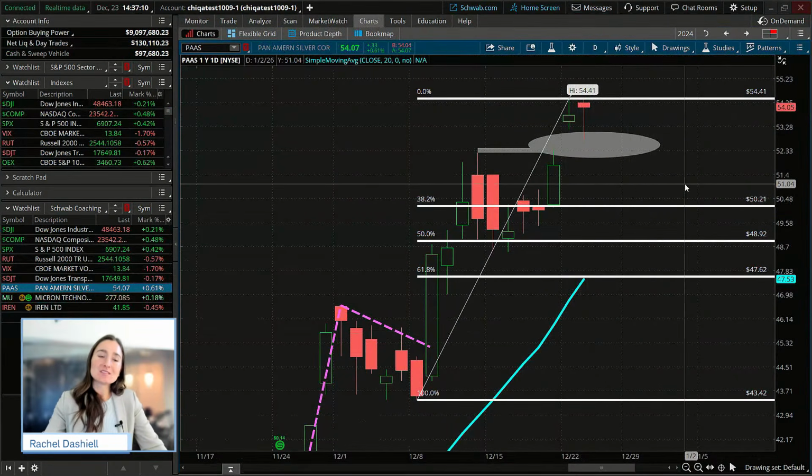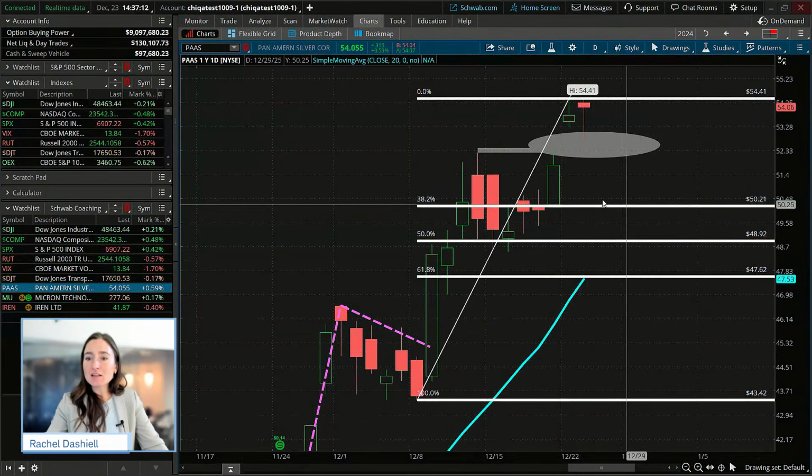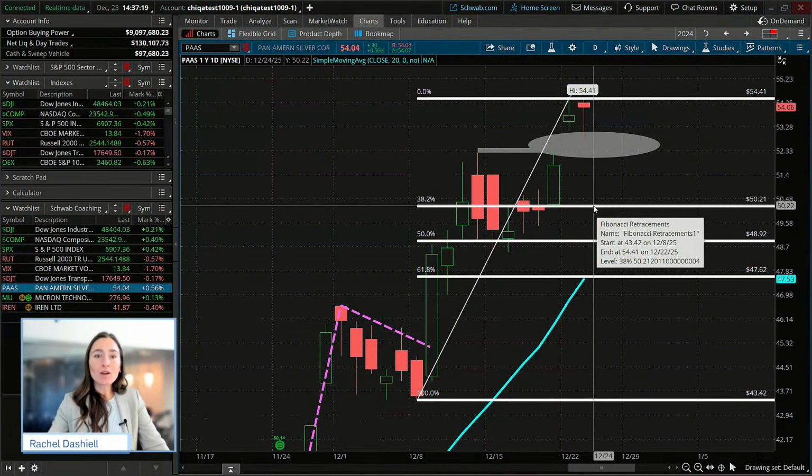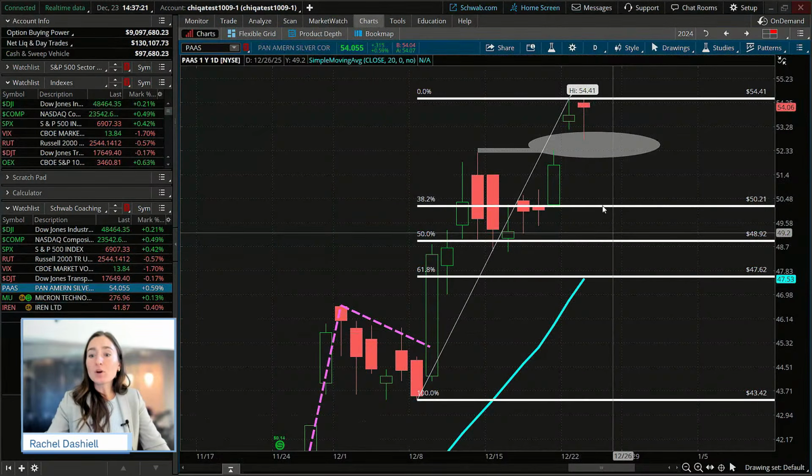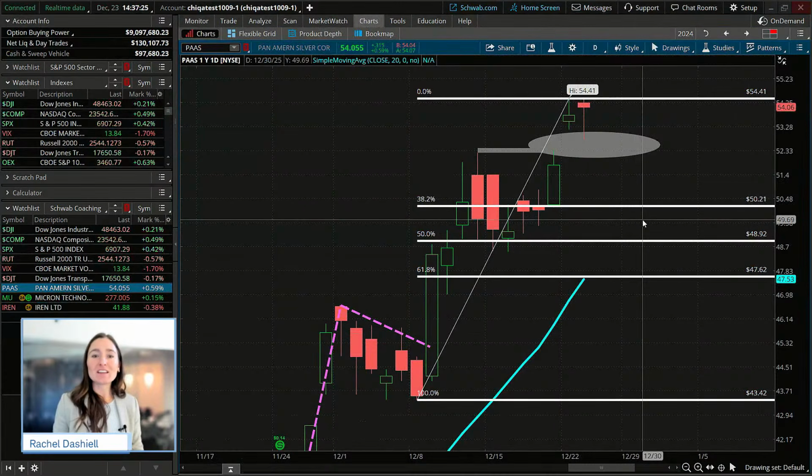Or what I may do is consider selling a put at this level if I want to own the shares right around 50 and get paid to do that. Or I may sell a bull put spread right around that level. So a couple different ideas of trades you could do with these Fibonacci support and resistance levels.